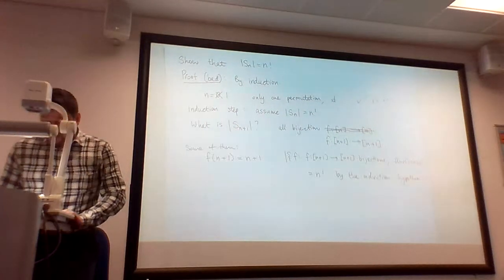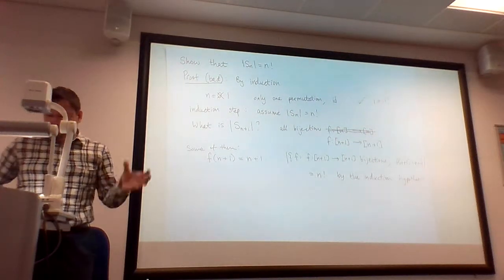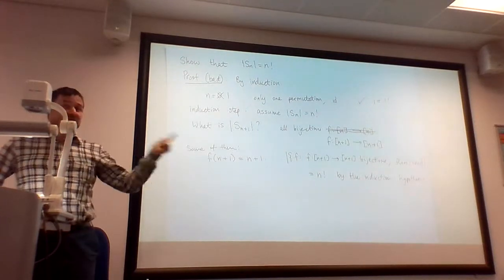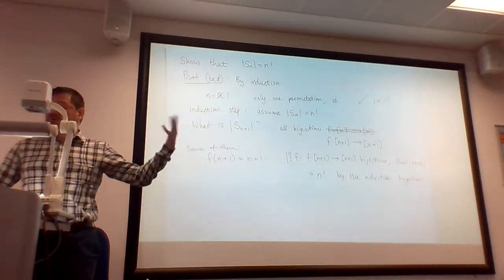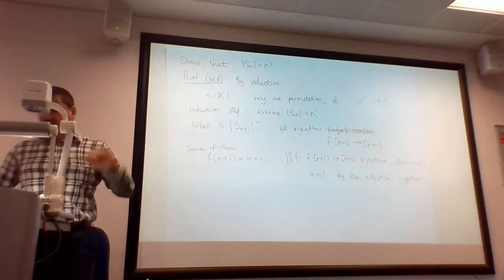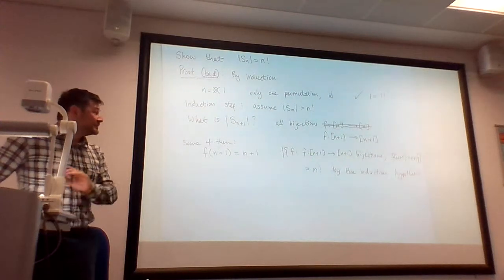You're looking at what they do on the first n elements, that's a permutation of 1 to n, and then you add something to it. So I accept this, and this is n factorial.